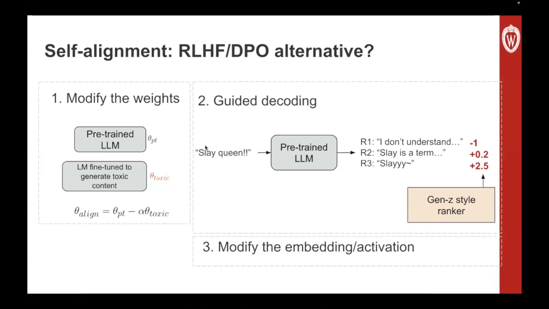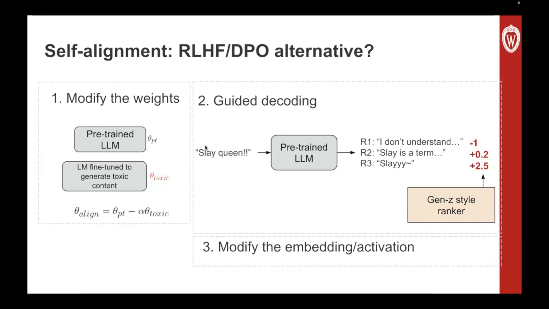For example, if we do not want the LM to generate any toxic content, first we get the subspace of the toxic content by fine-tuning the base LM with toxic data to generate toxic text. The assumption here is that the weight of the fine-tuned toxic language model is the subspace that we want to remove from the base LM. So the final model is obtained simply by subtracting the toxic subspace from the pre-trained weights. That's the first thing that people are trying in order to replace RLHF or human annotation data.